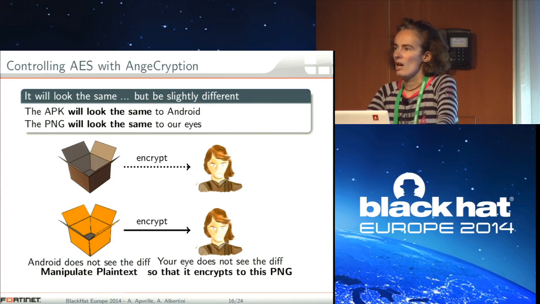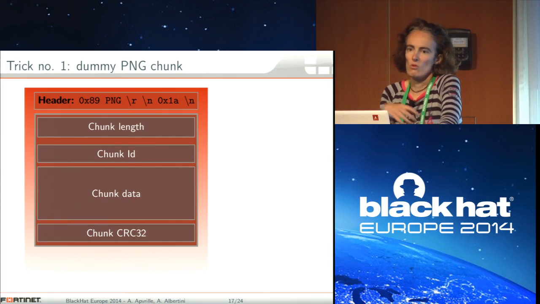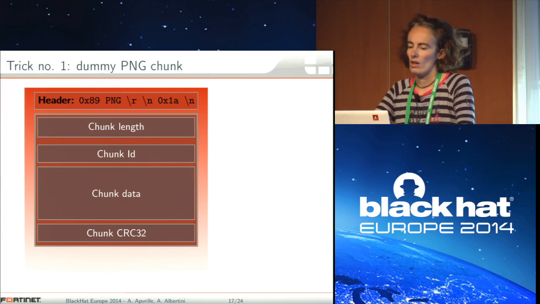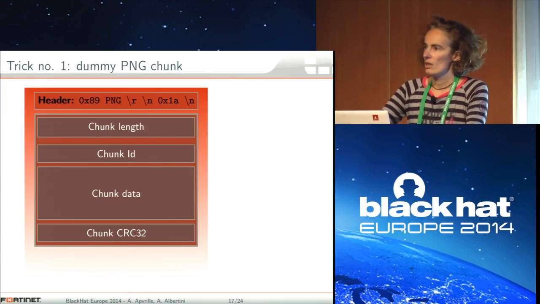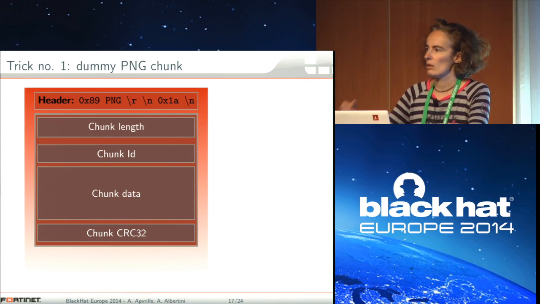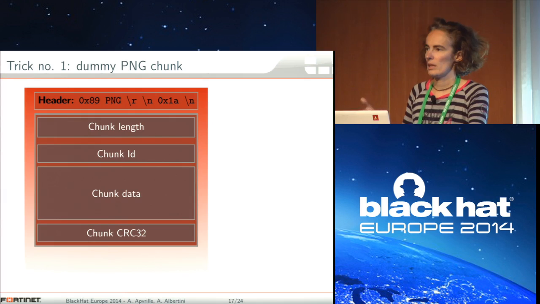So I said that we have to do some tricks on the PNG to have something which is slightly different but that will look the same. What happens is that PNGs have a header, and then all the information which is in it is built in chunks. So you've got a header chunk, a data chunk, an end chunk, plenty of different chunks.